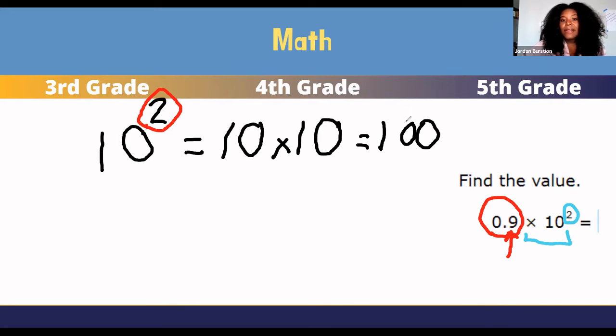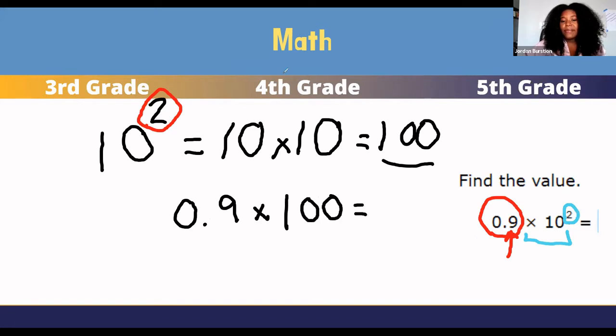Notice in the problem, it says 0.9 times 10 to the second. So I'm going to rewrite our problem, this time with the exponent expanded, right here. So 0.9 times 10 to the second, which we said was 100.